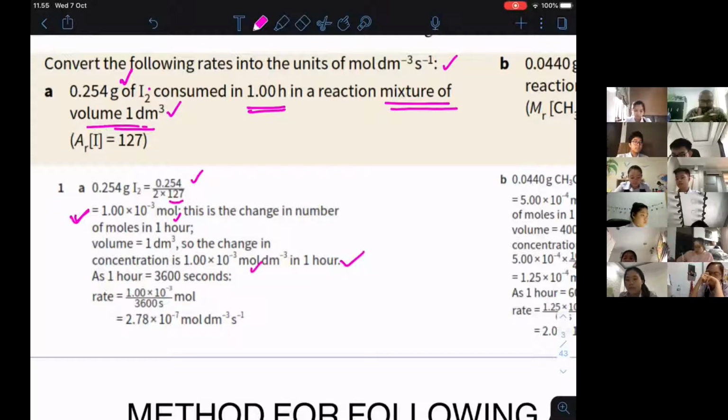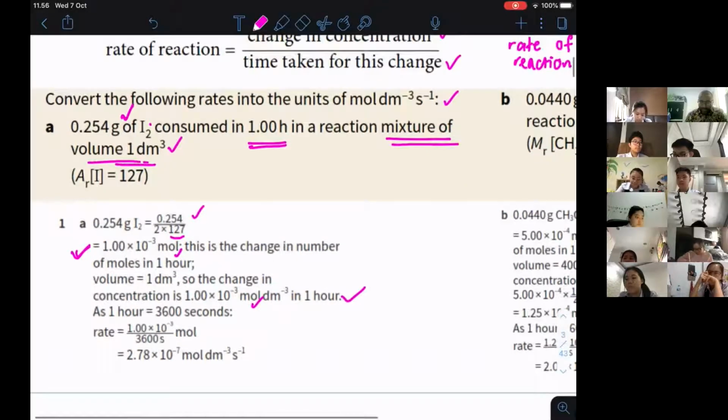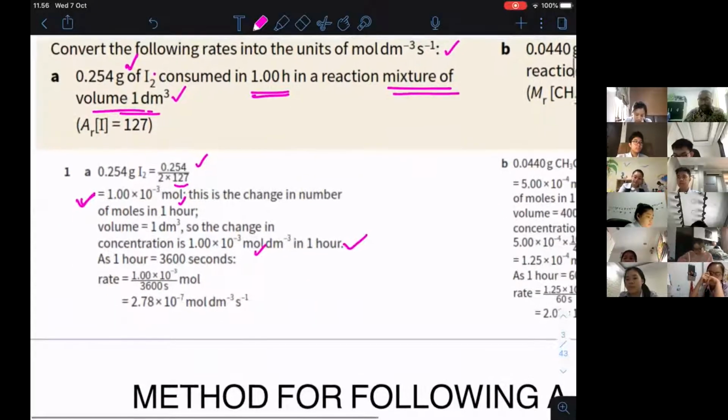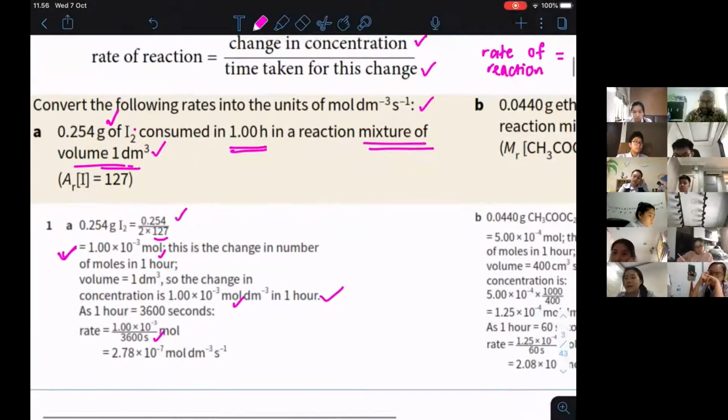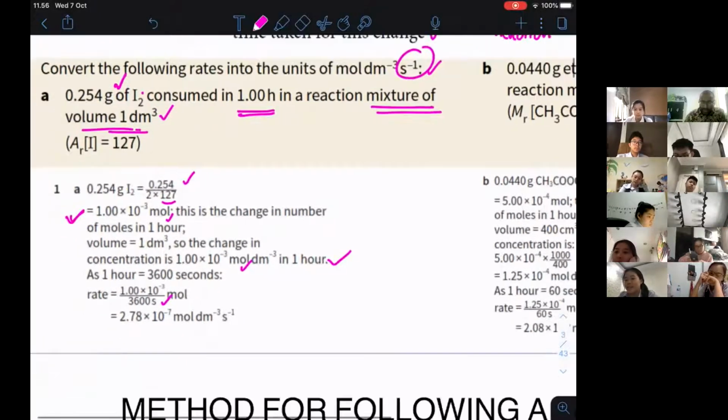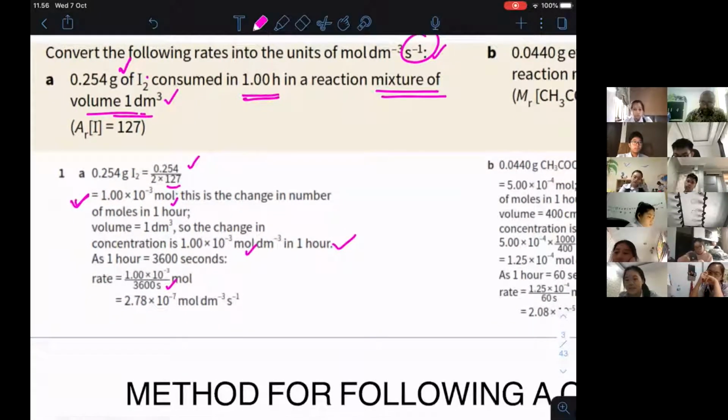You can change it into the rate according to the formula, divided by time taken. In this case, they wanted it per second, so you change 1 hour into seconds. They have done it there, then you get the answer. The same thing applies over here.